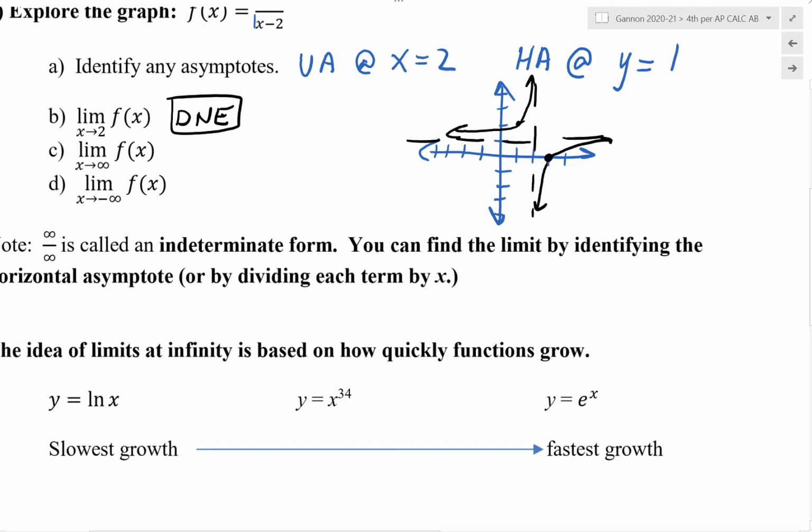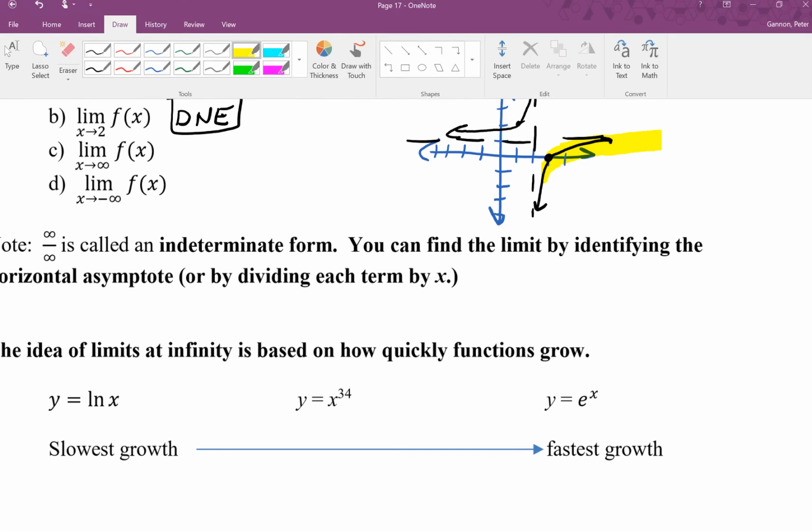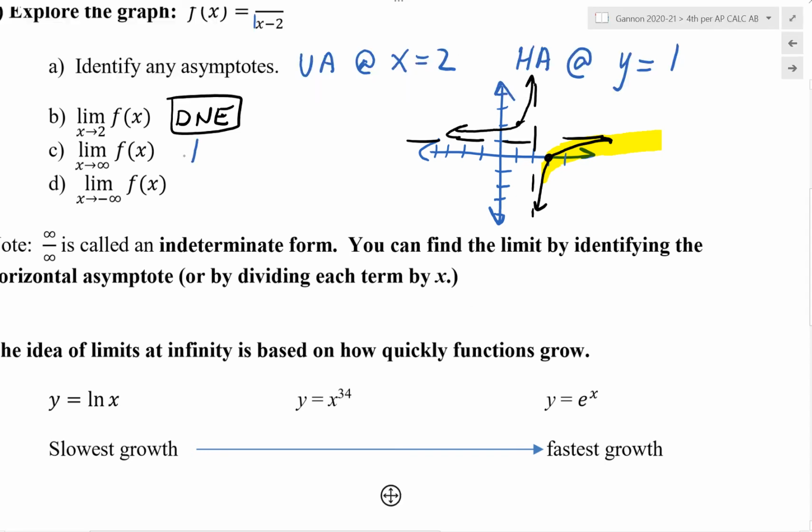Now, the next thing is asking, what is the limit as x approaches infinity of f of x? As x approaches infinity, our graph is going this way, and we're approaching that horizontal asymptote of 1. If we look at the other example, the limit as x approaches negative infinity would be to the left, so our graph, again, is approaching that horizontal asymptote of 1.